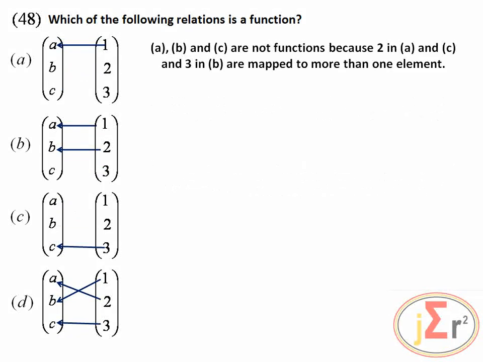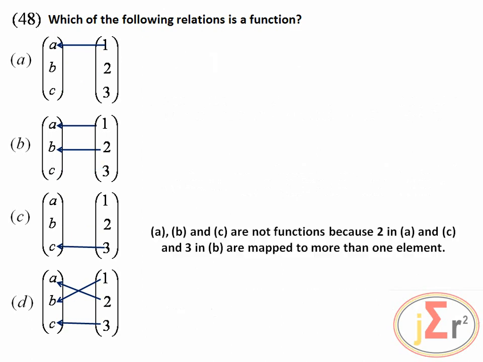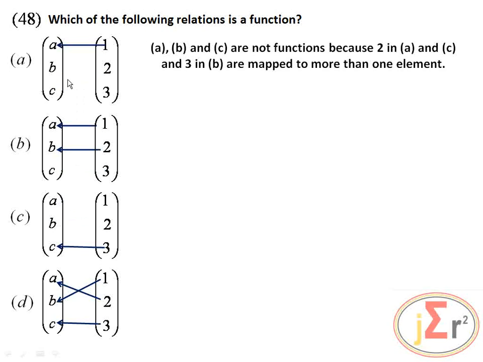So A, B, and C are not functions because 2 in A and C and 3 in B are mapped to more than one element. 2 is mapped to 2 elements, 3 is mapped to 2 elements, and 2 is mapped to 2 elements. Therefore, A, B, and C are not functions.